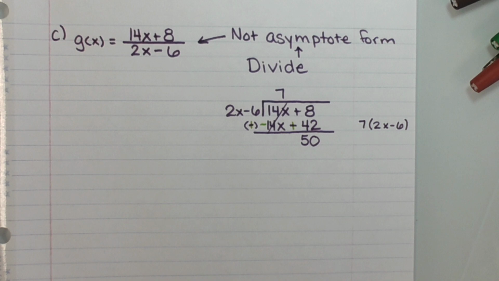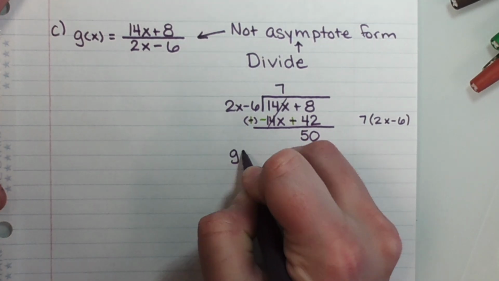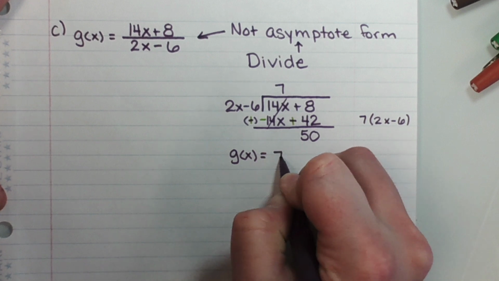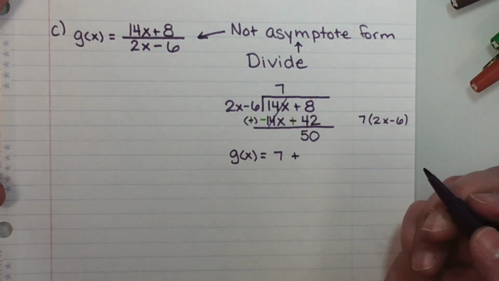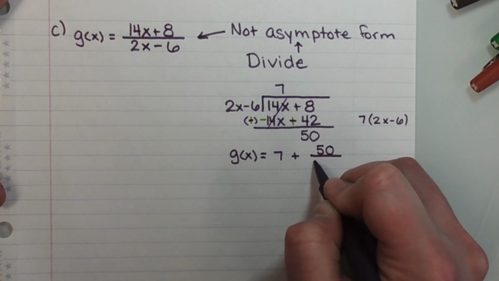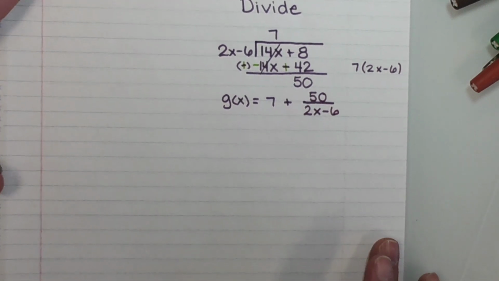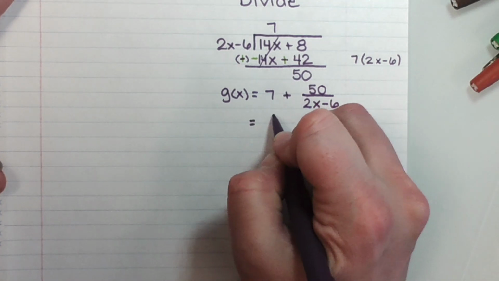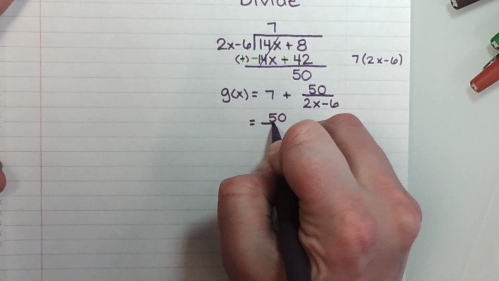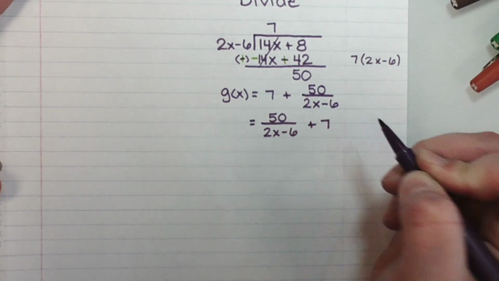Yeah, there's not a whole lot of dividing going to go on, which means our function, g of x, is equal to 7 plus 50 over 2x minus 6. If I flip that around, 50 over 2x minus 6 plus 7.